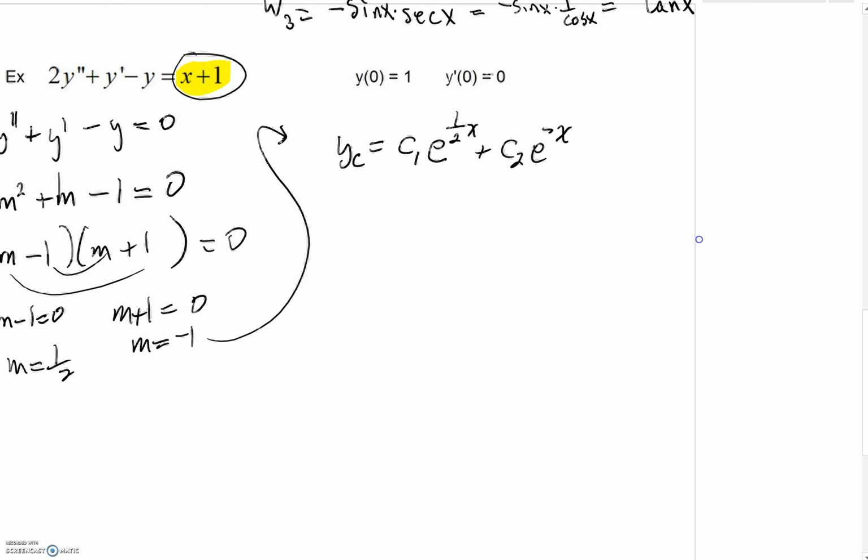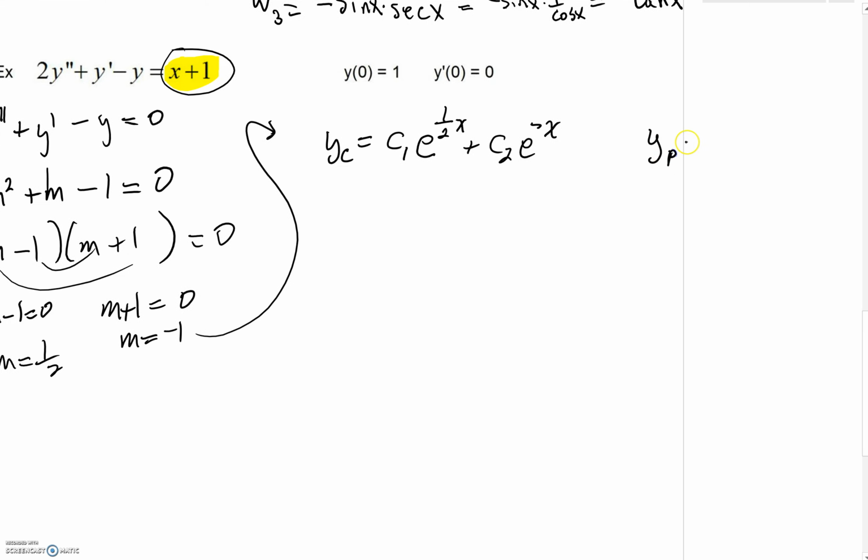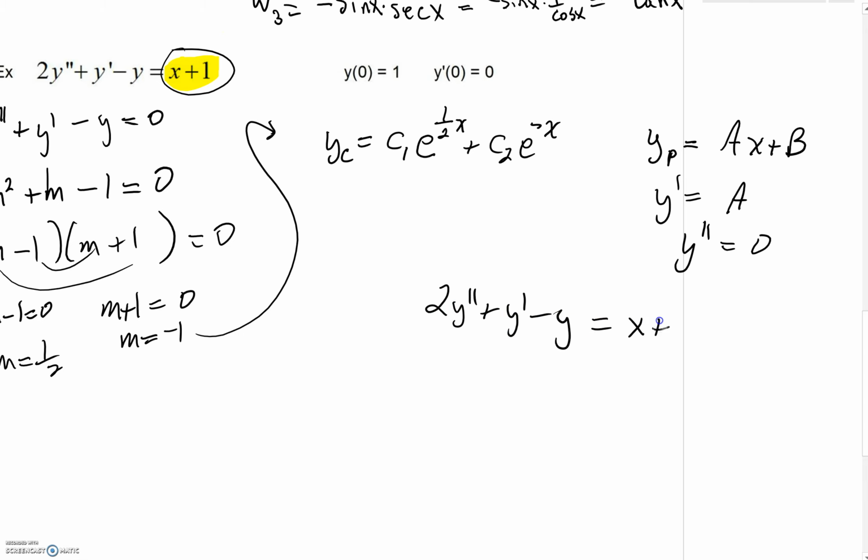In fact, our particular solution that you very well might want to try, via our table that we've been talking about, sure looks like we've got a linear form. Let's just write that as a to the x plus b, and take a derivative. We just have an a; second derivative, we just have a 0. And my word, if we were to substitute that all in, let me just recopy what we have here. If we were to just substitute that all in, we'll have 2 times 0 plus, what's y prime?